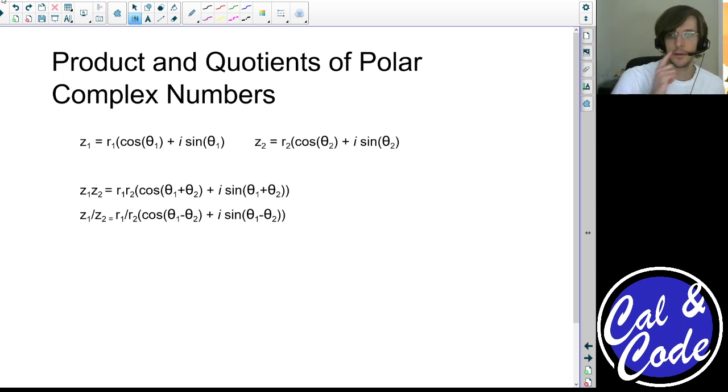Now that you know how to convert back and forth between polar and rectangular, that's going to be a skill we'll need a little later. We're going to talk about finding the products and quotients of polar complex numbers. If you remember, when we found products and quotients of complex numbers in the last section, we had to do a lot of distributive property when it was products, and then simplify out our I squareds and combine like terms, and it was kind of a mess.